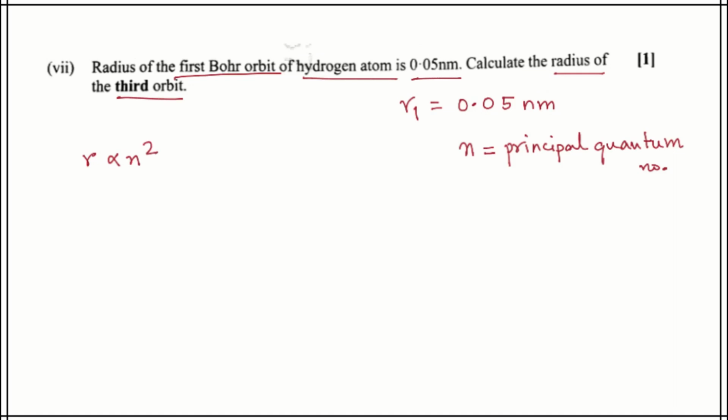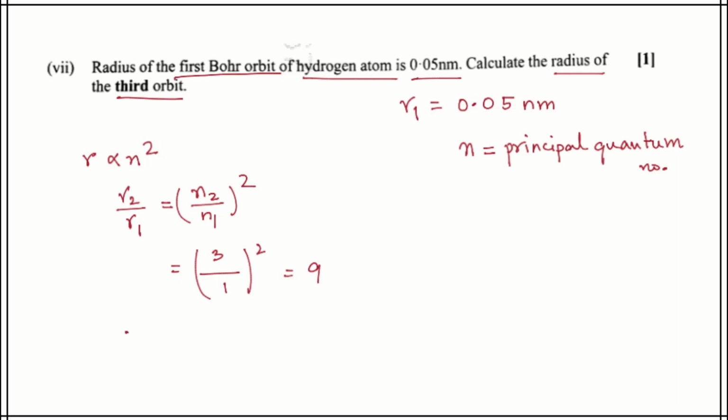So R2 by R1 is equal to N2 by N1 whole squared. N2 equal to 3 and N1 equal to 1, whole squared equal to 9.